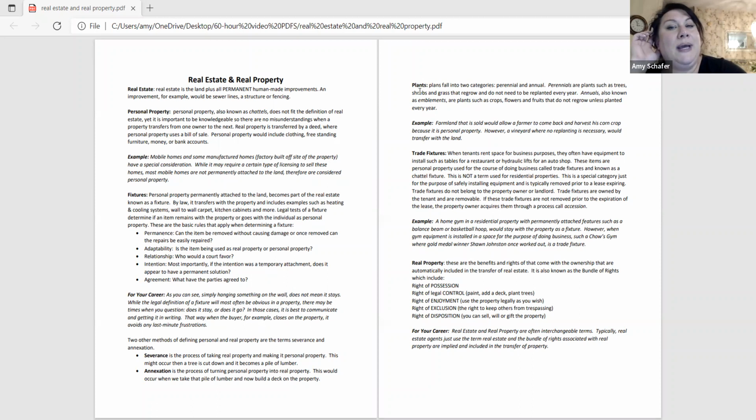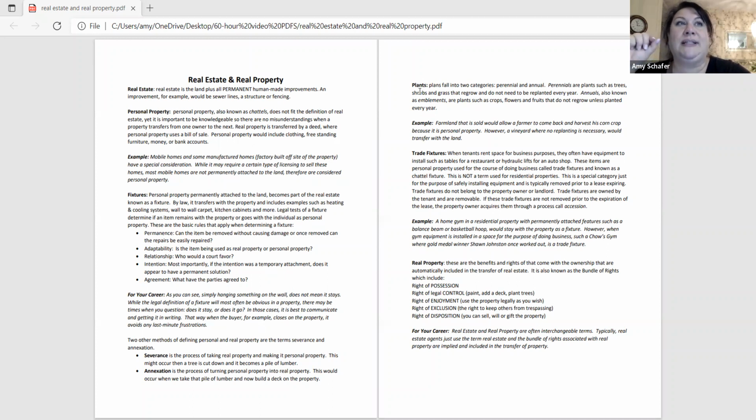On the next page here at the top, let's talk about plants. There's really two categories. There's perennial and there's annual. A perennial regrows itself every year, sometimes whether you want it to or not. But a perennial regrows itself every year, whereas an annual you've got to plant. So a perennial is going to be shrubs, grass, trees, hostas, rose bushes.